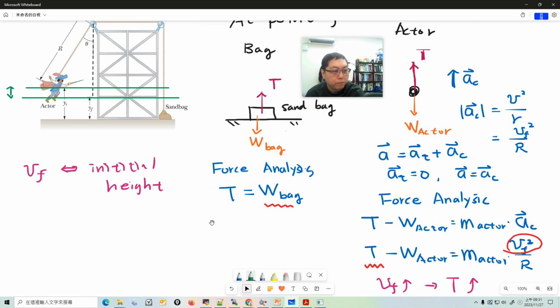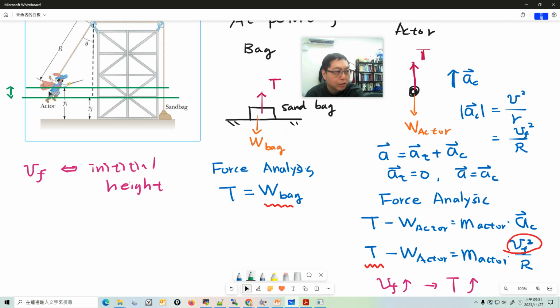Okay, so for the concept of energy conservation, the velocity is related to your initial height, and we will later see that the initial height is the height difference.